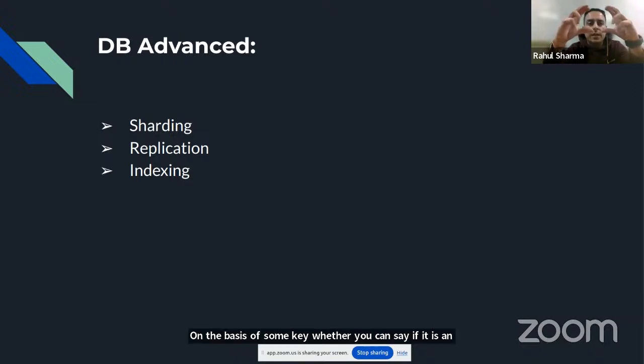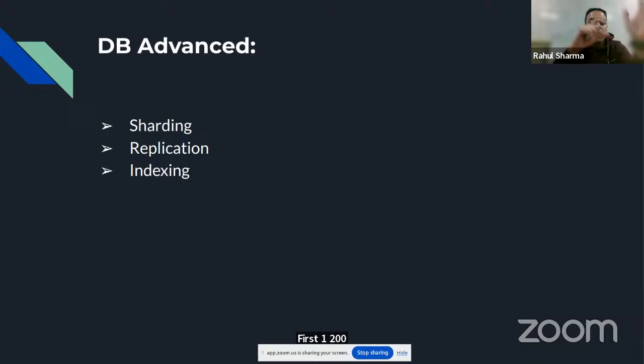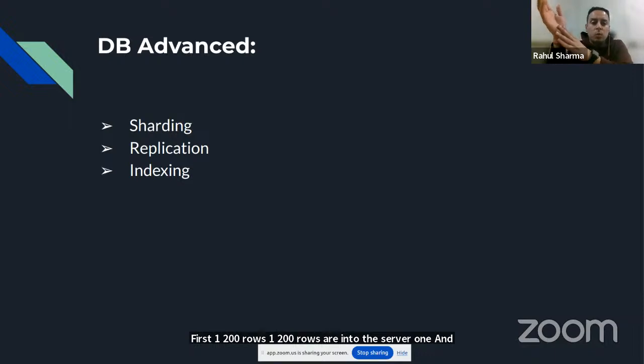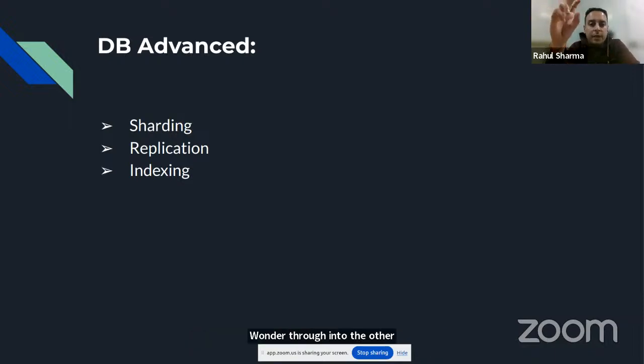Say the table has 200 records, just as an example for hypothesis. We divide the table into two parts on the basis of the primary key or auto increment ID: rows 1 to 100 go to server 1, and rows 101 to 200 go to the other server, server 2, right? In that way we applied sharding on the auto increment ID.